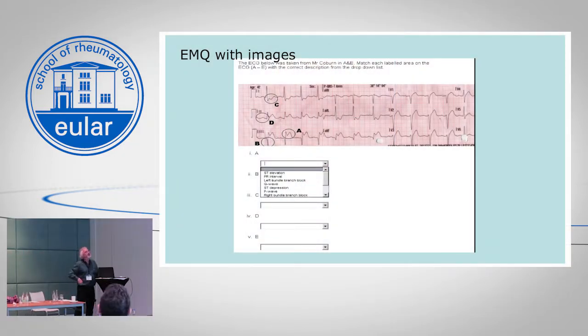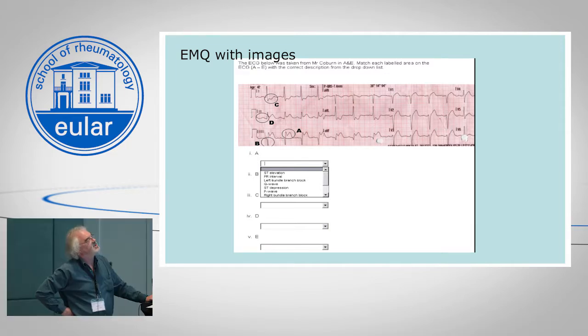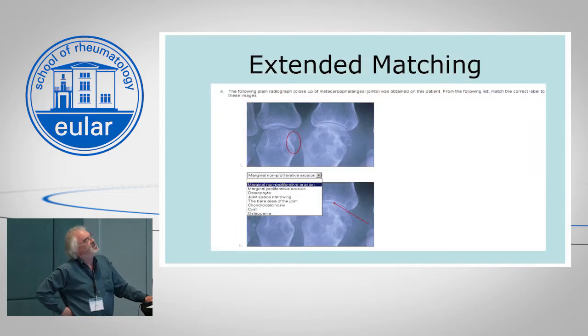So here's another extended matching where you've got an image. In this case, it's an ECG with 4 elements on it that you then have to label. That's a relatively straightforward one. And here's a nice rheumatological one, an X-ray showing some erosions on some joints, and you then have to identify and label the correct thing.